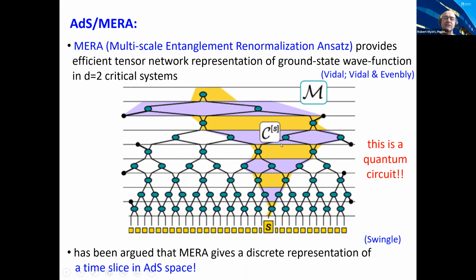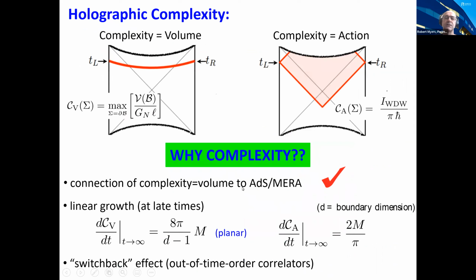And so if complexity is counting the number of gates in my circuit, that's essentially equivalent to evaluating the volume of this time slice. That makes a connection between complexity in this discrete setting and a volume of a time slice. That was the connection between complexity equals volume and this MERA idea.